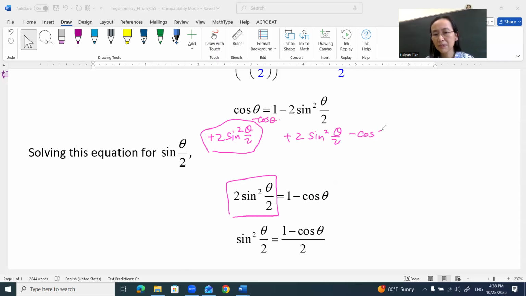Once you add, the 2 will be canceled. The twice sine square half of theta, and then minus cosine theta, so it's 1 minus cosine theta.